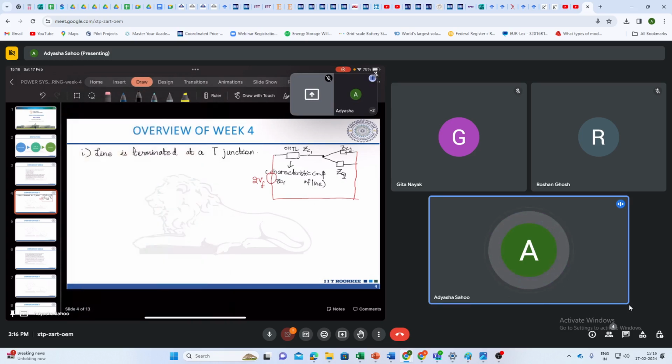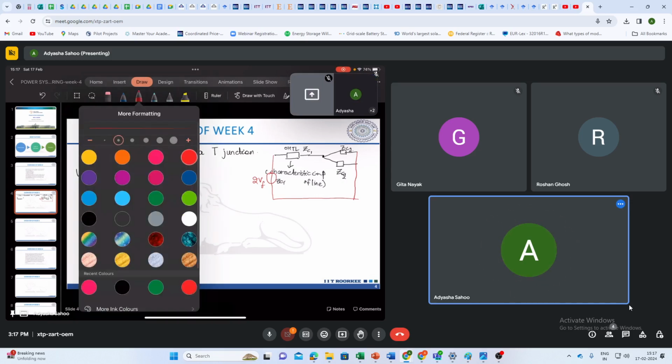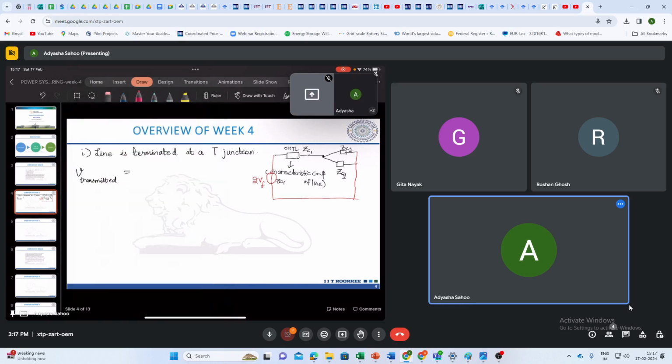So earlier what we had seen for the transmitted voltage, so transmitted is in this part, right? So this is your transmitted.